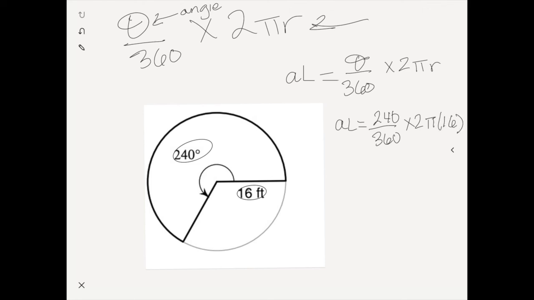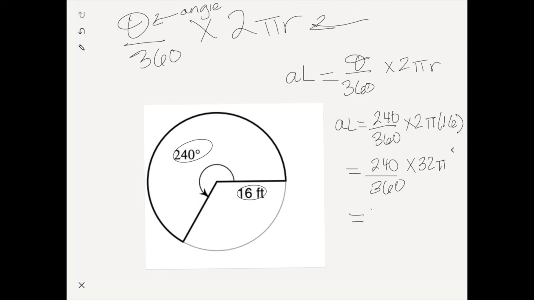These answers, we're just going to round to one decimal place. So I have 2 times 16, I already know that's 32. And now I have 240 divided by 360, and then I'm going to multiply that times 32, and then multiply that times 3.14.